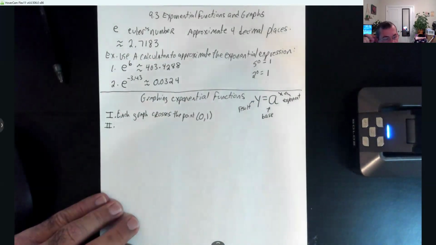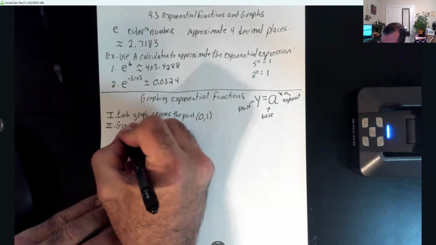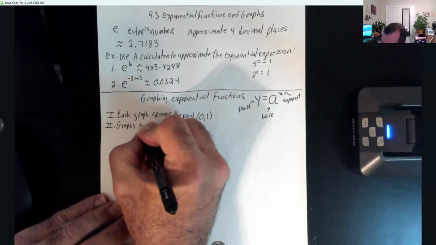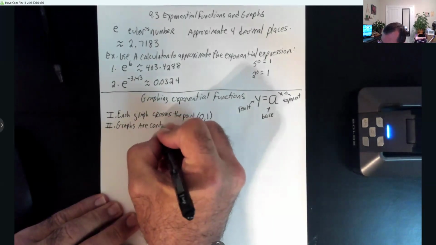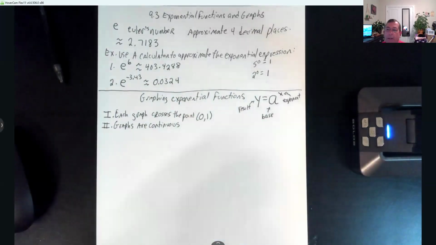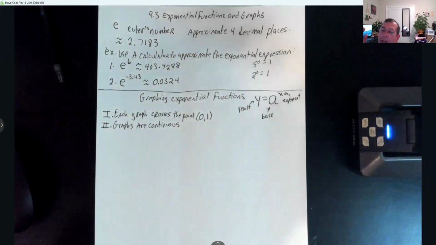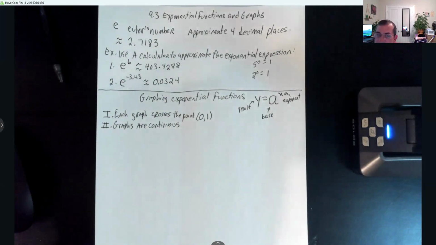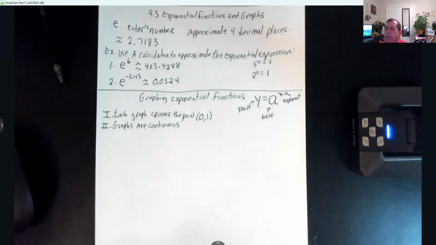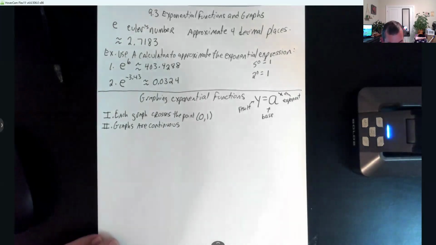Another thing about these graphs is they are continuous. Continuous means there's no asymptotes because of it being undefined. They're continuous, which means they make a nice smooth curve, okay?